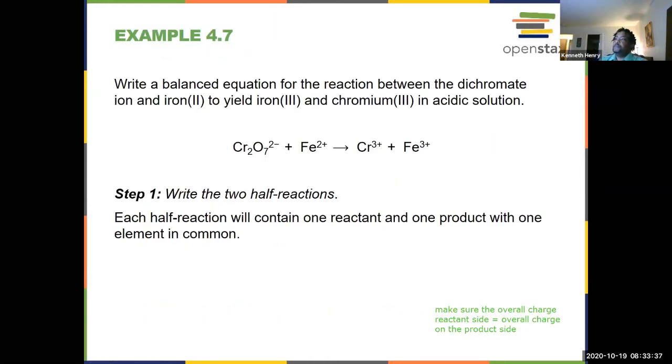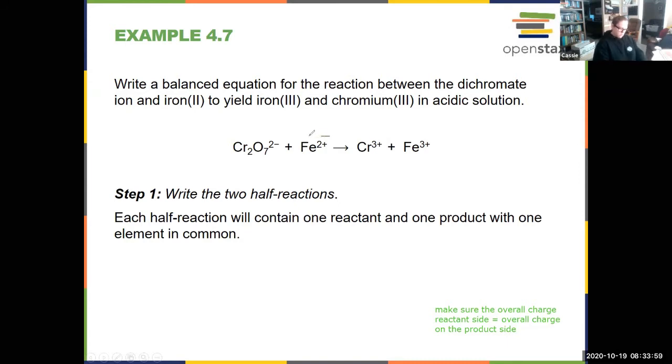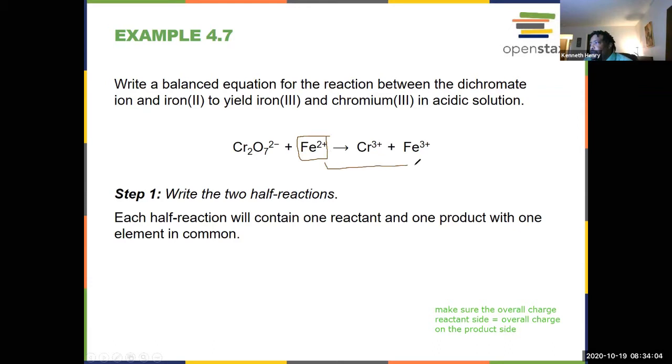Okay, so here's our trial run. What was the first step? Right, half reactions. For writing half reactions, tell me which one is our reduction reaction and which one is our oxidation reaction based upon what you see. Iron going to iron 3 plus. Is that oxidation or reduction?